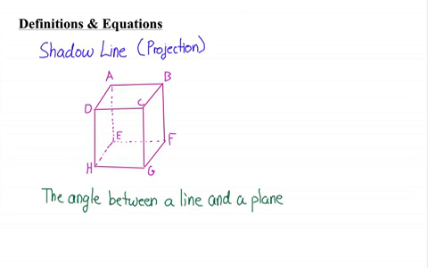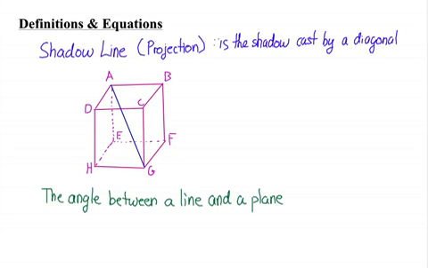A shadow line or projection is the shadow cast by a diagonal, and in this case, we'll use the example AG, that is projected on the base plane.